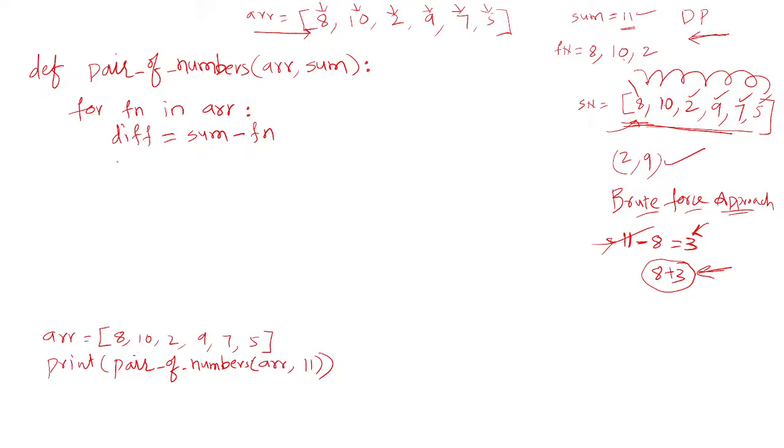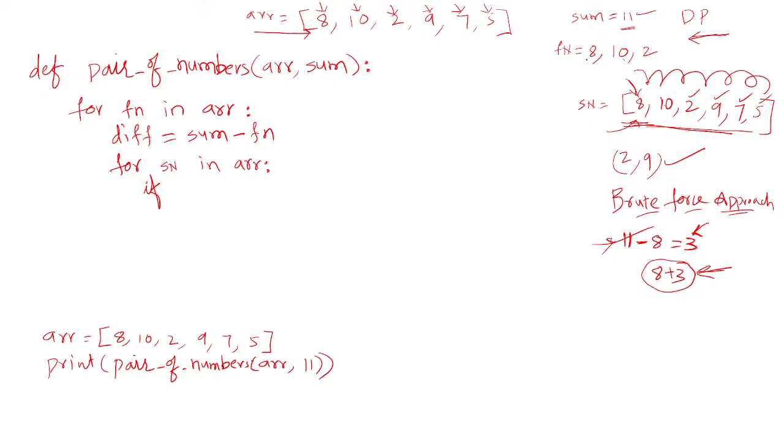For that, you need to run one more loop. So for second number in array, you check. When you search for this number, you may again come across the same number, because it starts from the first number onwards.